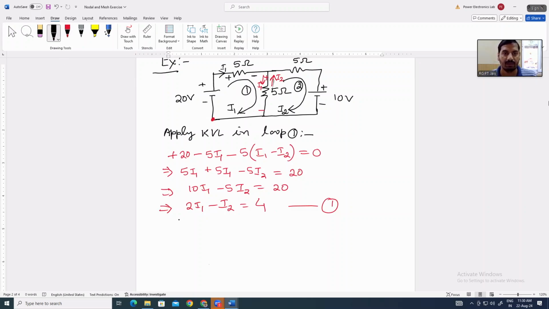Then we will apply KVL in loop 2 and we will get another equation. Apply KVL in loop 2.